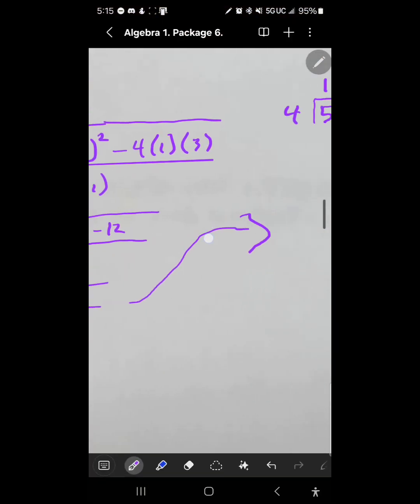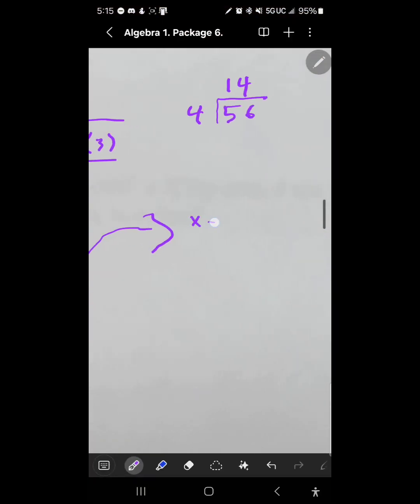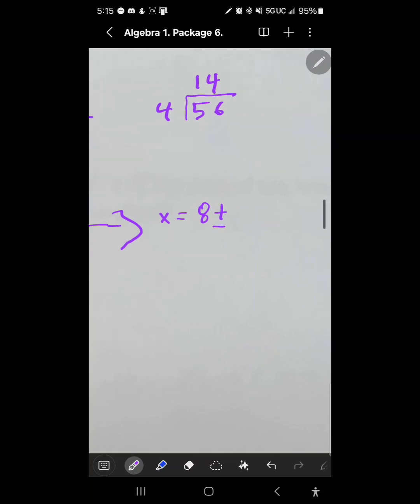So I can say that x will be equal to 8 plus or minus the square root of 14 times 4 over 2.